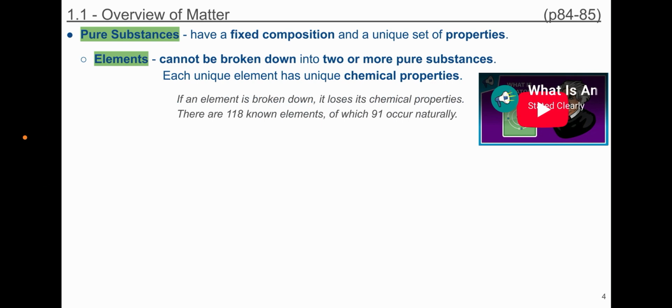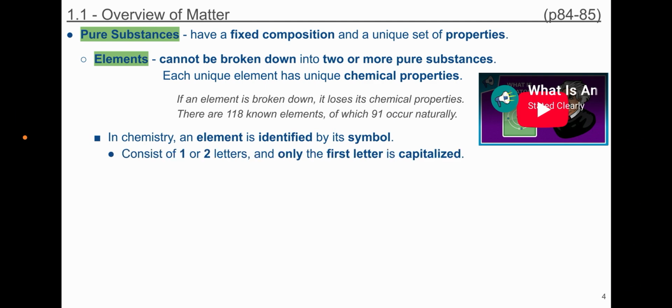There are 118 known elements, of which 91 occur naturally. In chemistry, an element is identified by its symbol. It always consists of one or two letters, and only the first letter is capitalized. That's a good thing to remember as we start getting into compound formulas and naming substances and looking at their formulas.